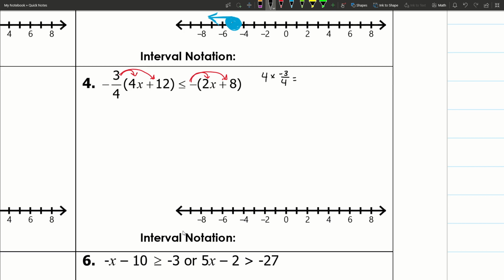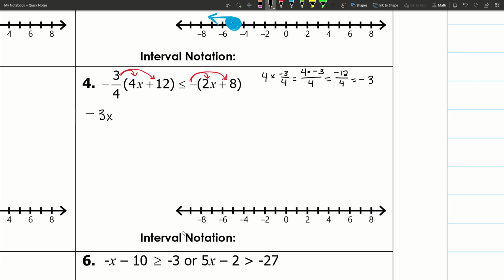I'm going to ignore the x for now. What we're going to do is put that 4 on top, so we would have 4 times negative 3, and then divided by 4. 4 times negative 3 is negative 12, and 12 divided by 4 is 3. So this first part is just going to become negative 3x.